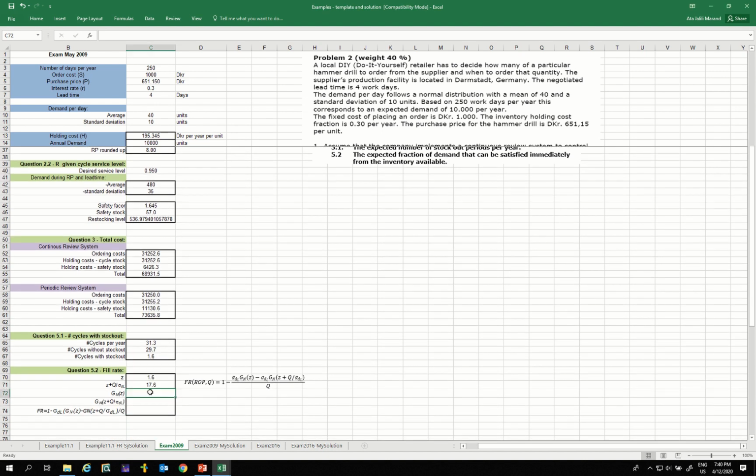Okay, so next I need to calculate the Gn. For the Gn, if you remember, we had the formula using the density and cumulative distribution functions. So here Gn for Z would be the normal distribution.